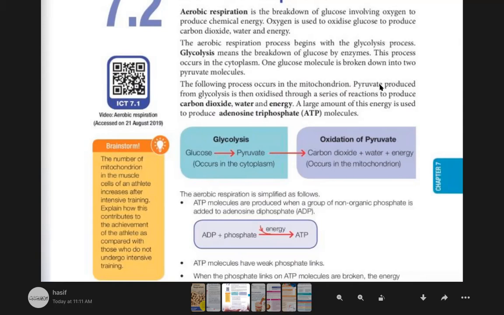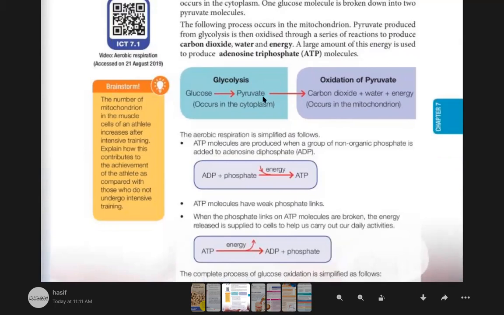Tengok. Pyruvate produced from glycolysis is then oxidized to a series of reactions to produce carbon dioxide, water and energy. And a large amount of this energy is used to produce ATP energy ataupun adenosine triphosphate molecule.